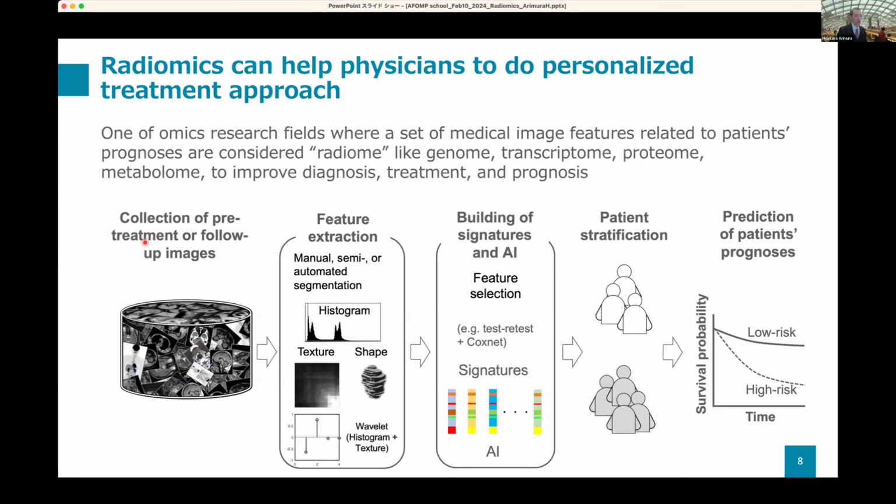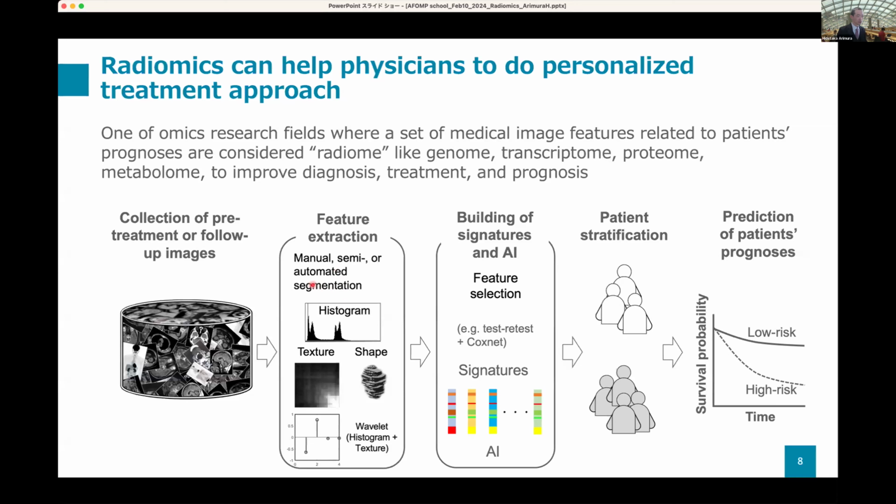So here is the procedure for radiomics. At first you have to collect many medical images, and you can calculate image features.